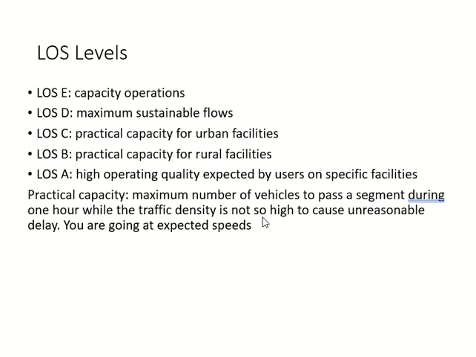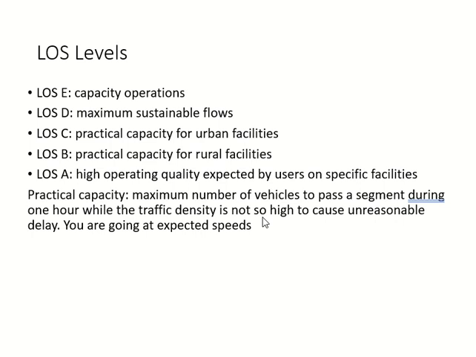Now B and C, we called them practical capacity. Practical capacity means that up to a certain extent, when the flow increases, the speed doesn't drop on uninterrupted flow facilities. Even with spacing getting lower and flow increasing, drivers still feel safe and try to maintain their speed.